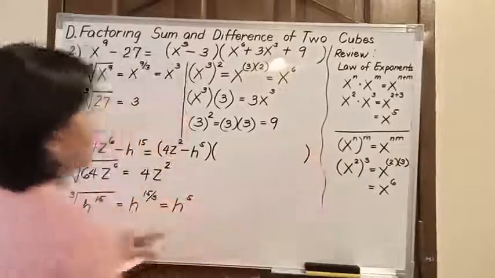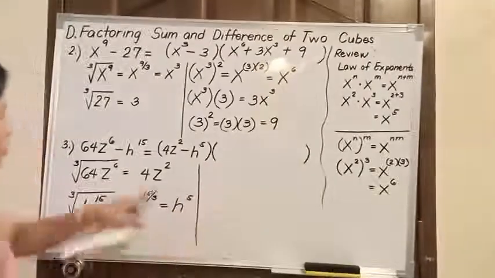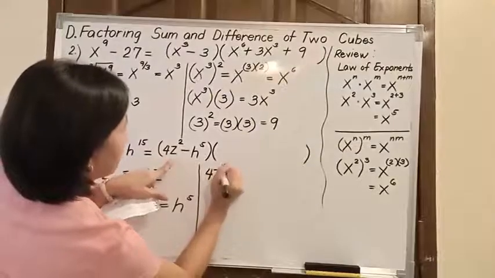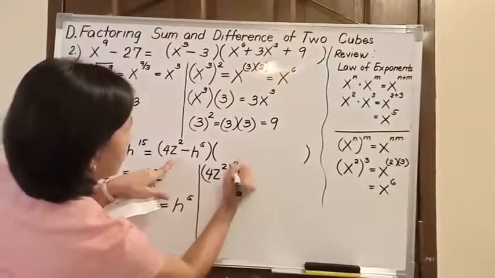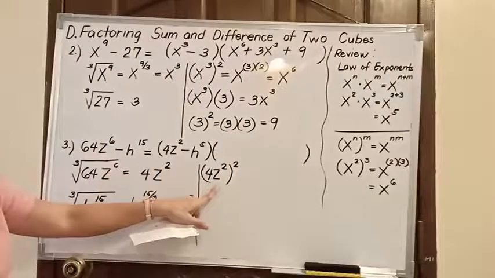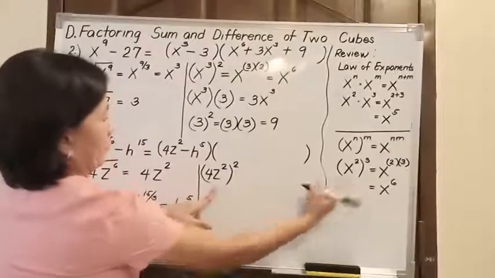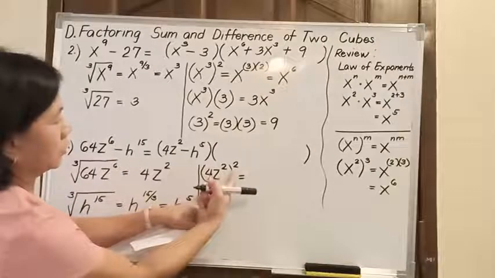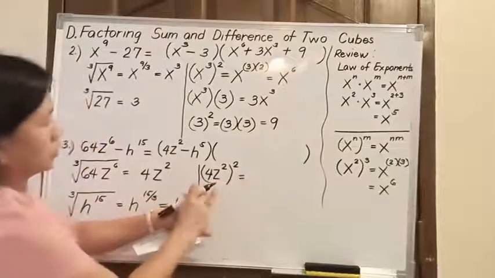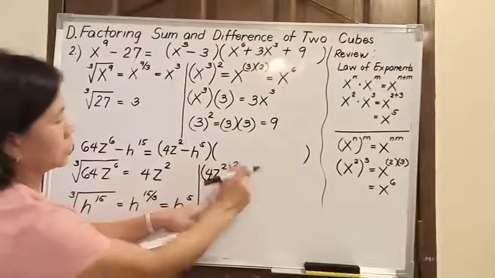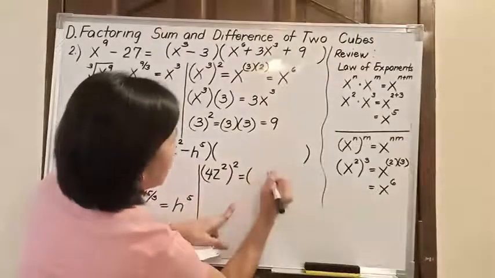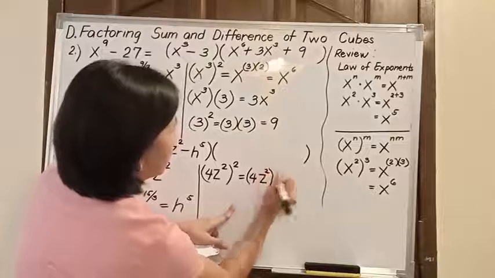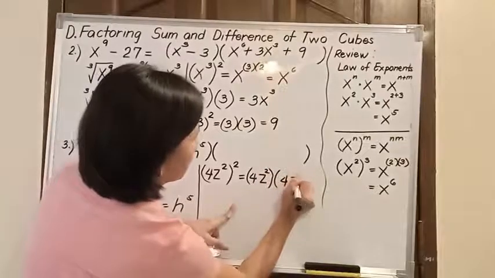For the trinomial factor, get the square of the first term. What is the square of 4z to the 2nd power? Let us follow the second law. 4z squared, closed quantity squared, can also be multiplied as 4z squared times 4z squared.